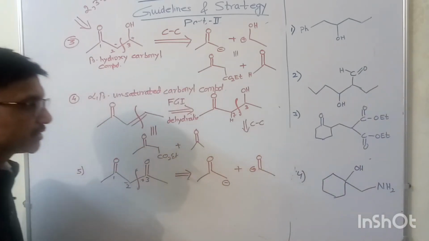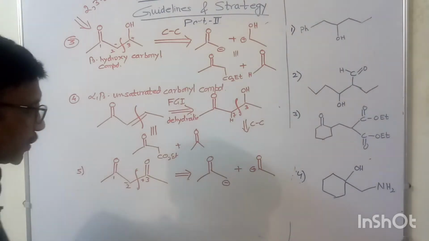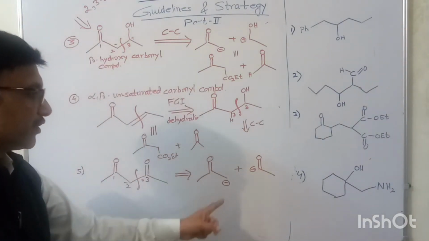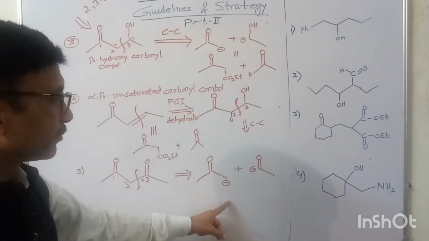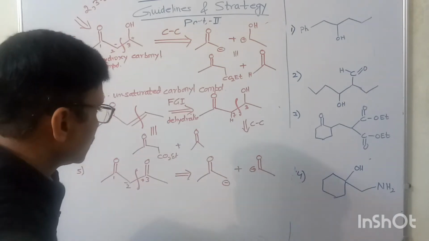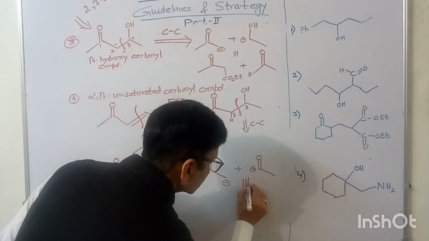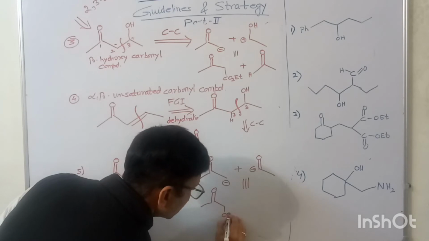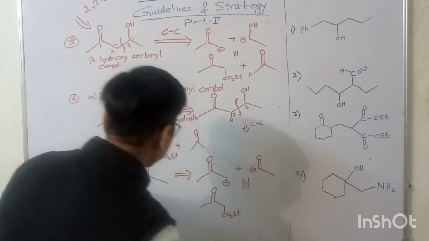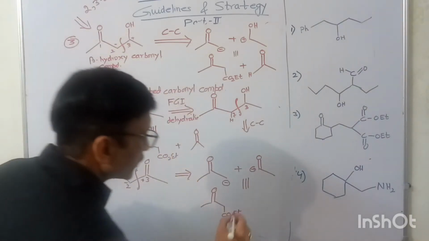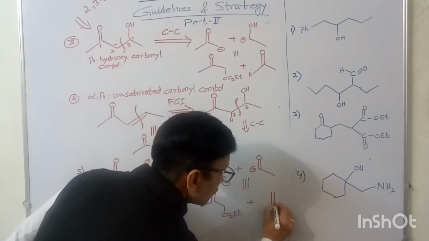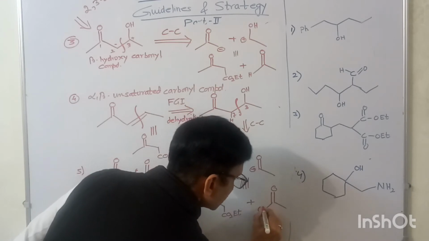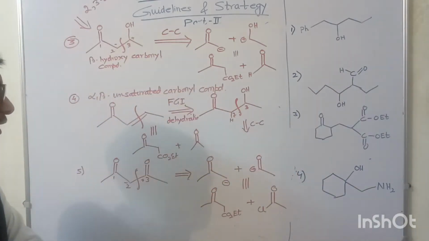Corresponding to this, you can write the synthetic equivalent: you can generate an active methylene compound over here, and for the plus synthon, you can write acyl chloride or acyl bromide.